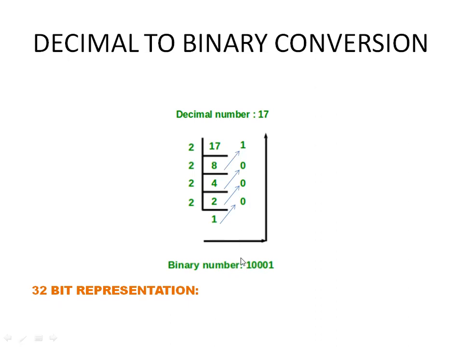This is the binary number for the given decimal number 17. Now we represent this result in 32 bits, by adding zeros at the beginning. The result has 5 digits, so we add 27 zeros at the beginning to make it 32 bits in length.